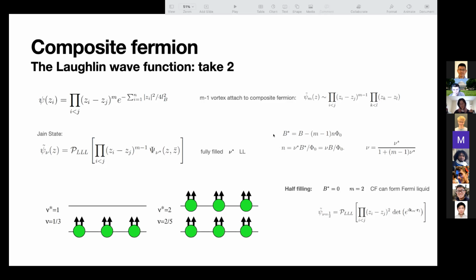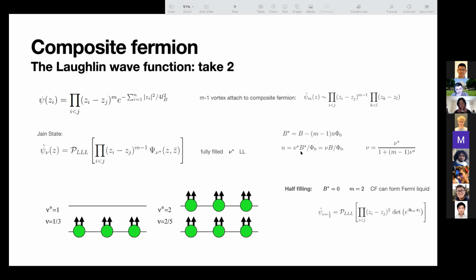So actually the magnetic field felt by the composite fermion is the original magnetic field minus the strength of the vortex, m-1, times the density of the gas. Also, for each composite fermion we attach m-1 vortices, so the particle density of the composite fermion and the particle density of the original particles should be the same.